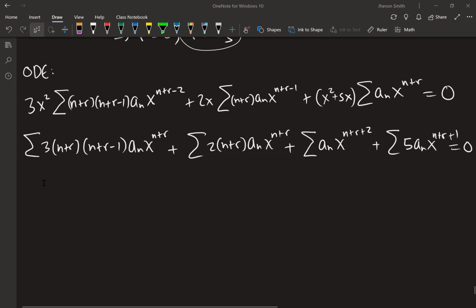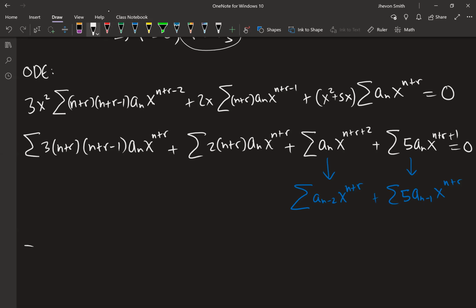Okay, so for the last two, I'm actually going to do a shift. For this one, I would shift all n's to n minus 2's, so this becomes a_(n minus 2) x to the n plus r. This one I would shift all n's to n minus 1's, so this becomes 5a_(n minus 1) x to the n plus r.